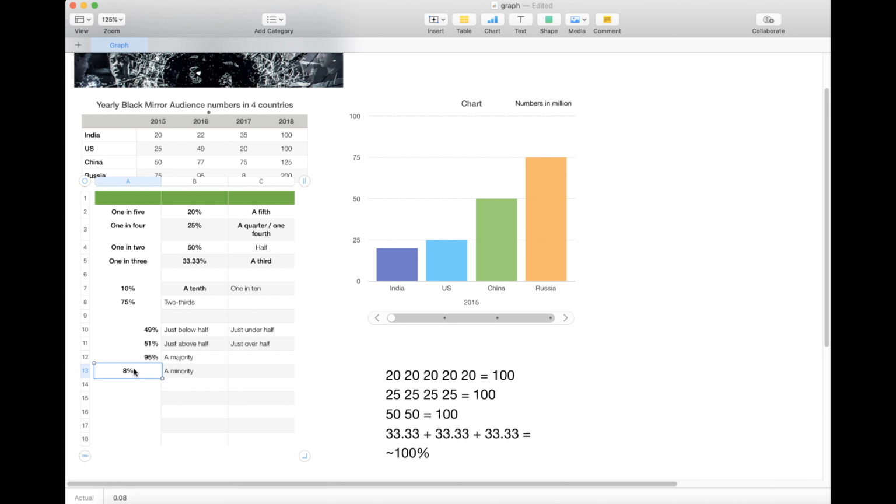So something that is very small, you could say, is a minority. Something very large, like I would say 90% plus, would be a majority.